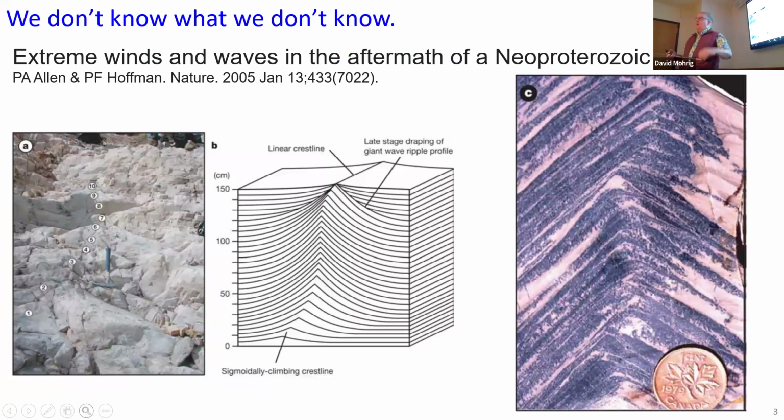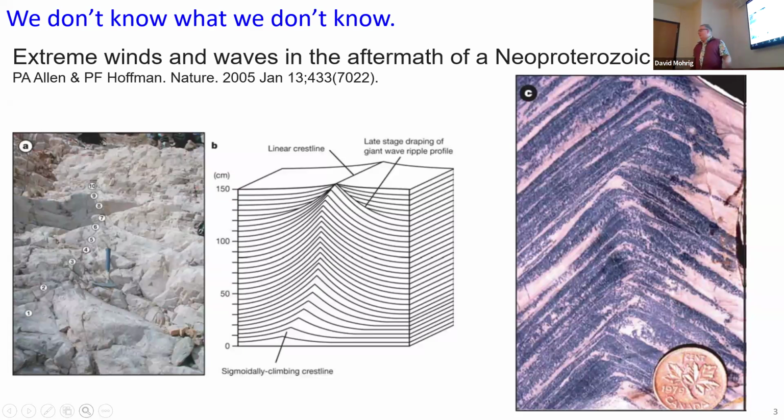And it matters. We'll look at those Eocene rocks in Oregon at the end of this talk. But it's also a very big, high-profile thing. Here's a paper that came out in Nature in 2005 associated with the snowball Earth. They were looking at these large ripple-like forms. This is a cartoon of what they saw, situated in their stratigraphy in deep water. The only way they could understand these was to have hypercanes, superstorms.